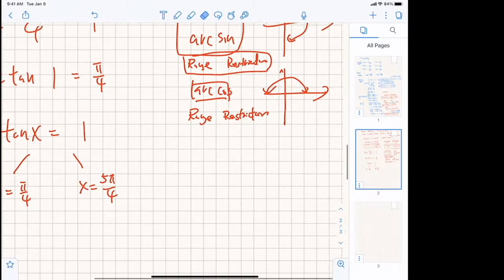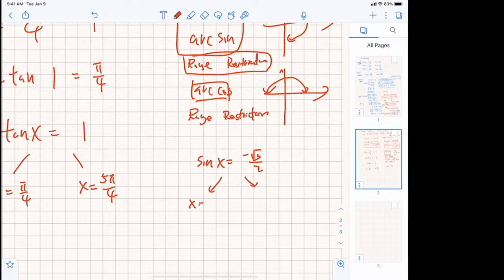So let me ask you a question. I'm not calling on everyone, there's 15 students here. If sine of x is equal to negative square root 3 over 2, what will x be equal to? Let's ask Esteban. Do you remember, Esteban?